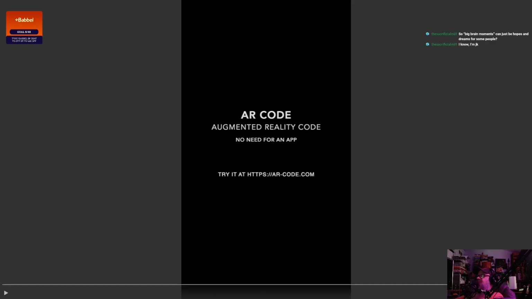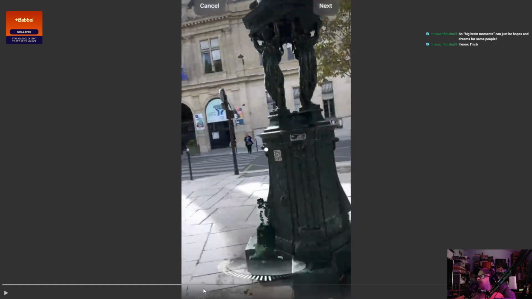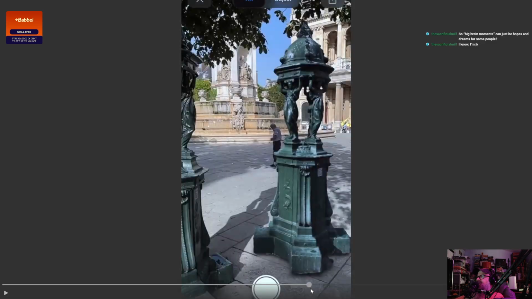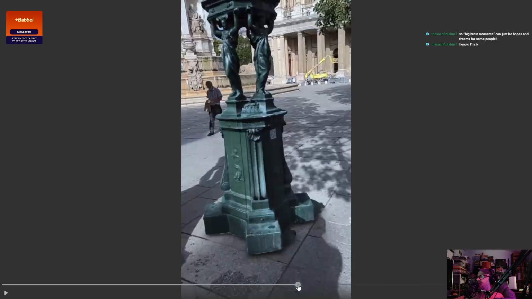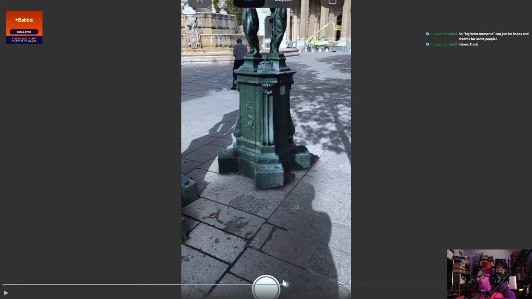This is currently available, right? This is available right now. You walk around the thing and it captures the thing, and now you have a copy of the thing.